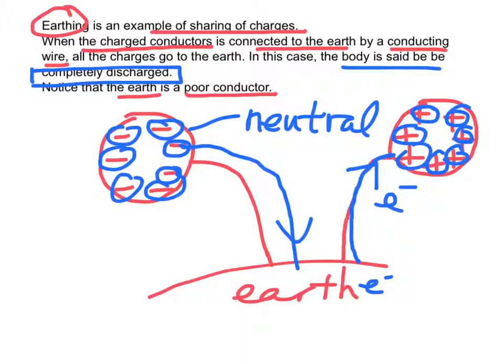The charged sphere also becomes neutral. This is also an example of completely discharged. So, earthing is a process which removes all the excessive charge on a conductor.